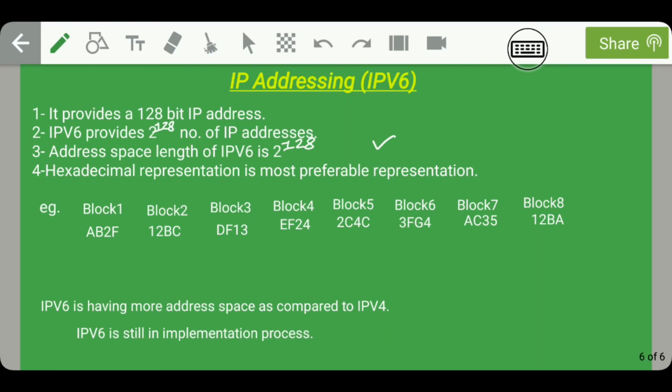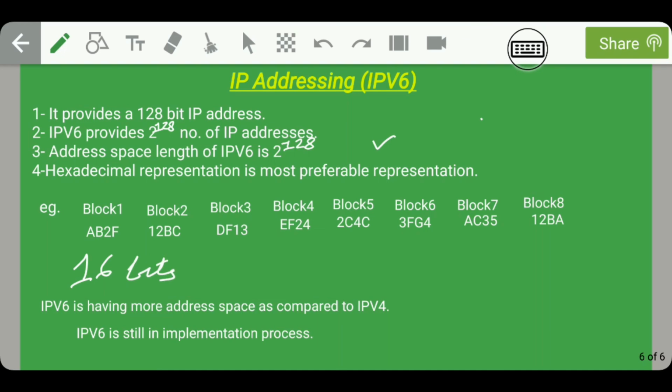Guys, hexadecimal representation is the most preferable representation for the IPv6 addressing system. Guys, one example of this type of IP address representation can be like this. So in IPv4 addressing, we had only 4 blocks, but here we have 8 blocks and each block is of 16 bits.